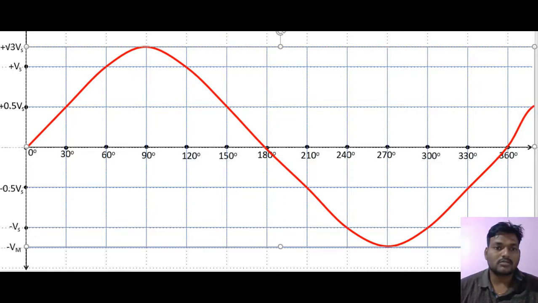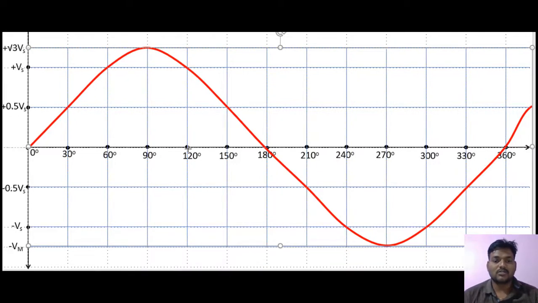another phase. So let us assume that it is the Y phase. So it will start from 120 because the mathematical equation is Vy is equal to Vm sin omega t minus 120. So it should start from 120.